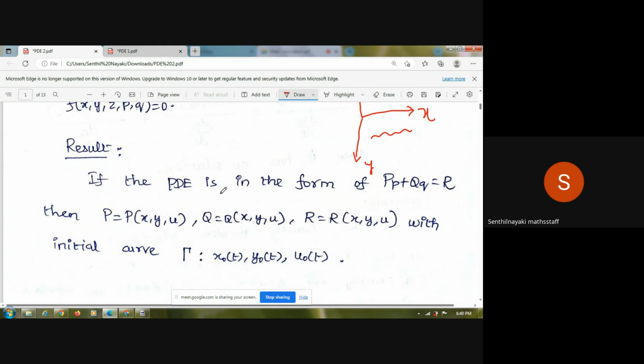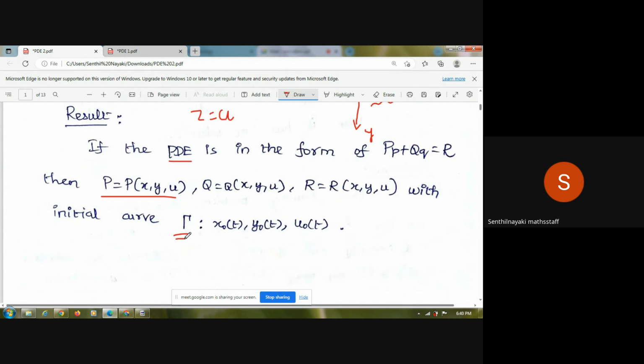Now I am concentrating more on this Cauchy problem because that is an important topic. If you understand it clearly, then you can easily attend a problem and score full marks in that topic. So here the PDE is of the form P p plus Q q equal to R, where P is a function of x, y, u. Here instead of z, I am taking u. P, Q and R are also functions of x, y, u, with the initial curve gamma.